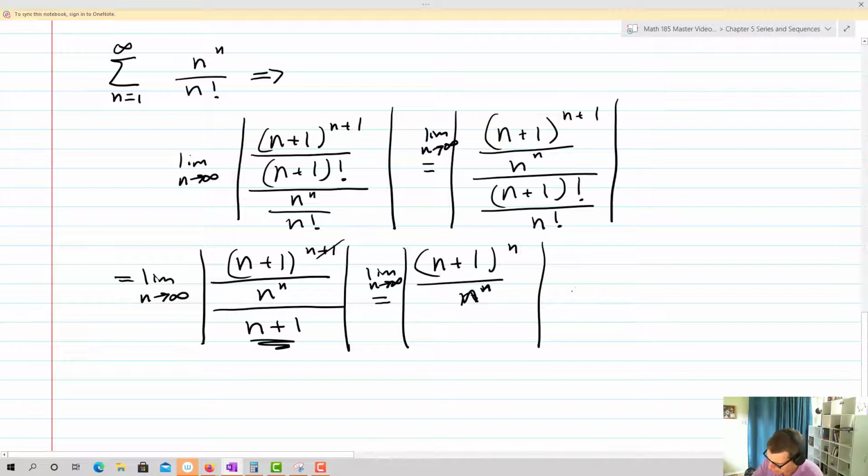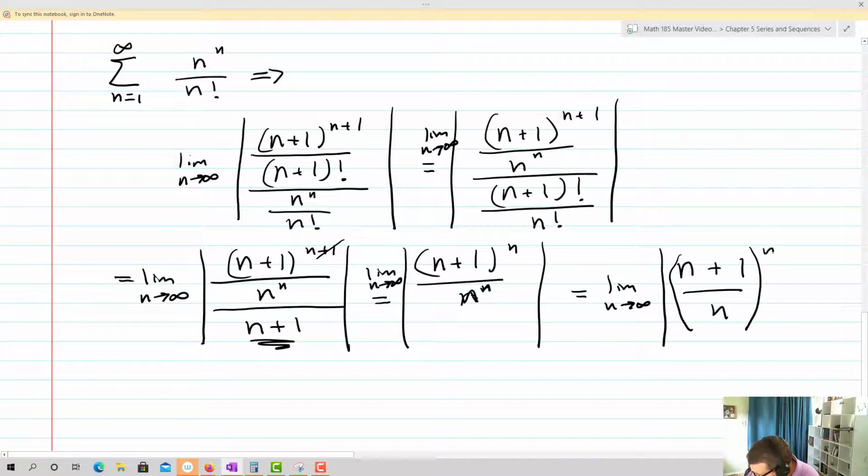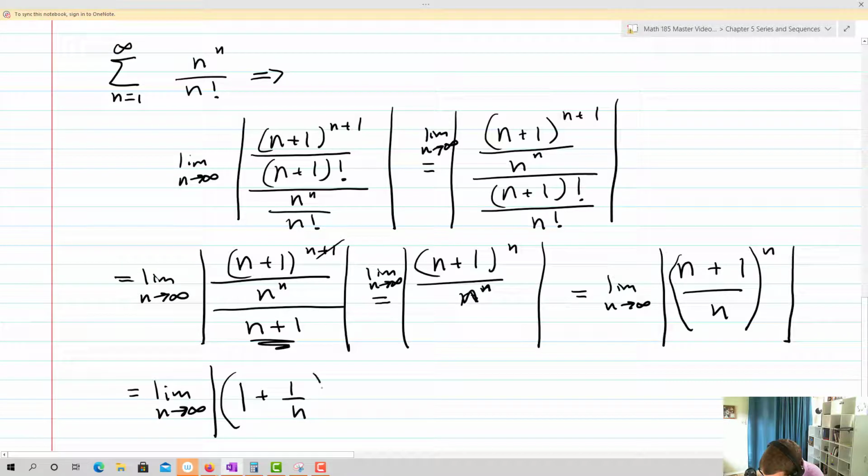And so now this is the limit as n approaches infinity of ((n+1)/n)^n, which is equal to the limit as n approaches infinity of (1 + 1/n)^n.